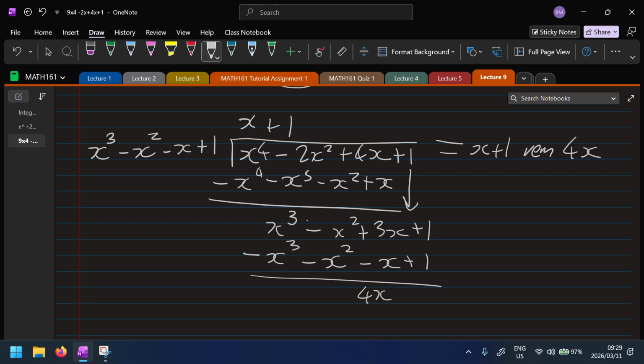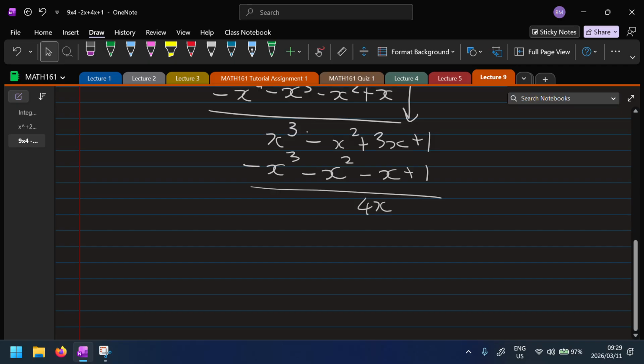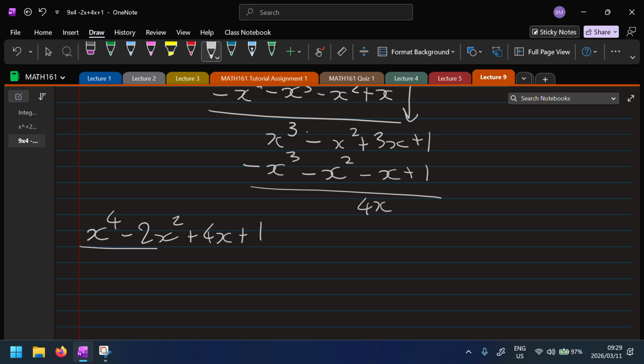Now, what does this mean for the division? So let's rewrite it. So we have x to the 4 minus 2x squared plus 4x plus 1 divided by x cubed minus x squared minus x plus 1 is equal to.